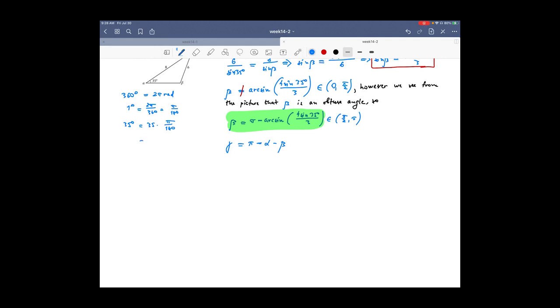There's some cancellation here because 35 is 5 times 7, and here we have 180, which is, say, 90 times 2. 90 is divisible by 5, that's 18. And so this is 7 pi over 36.